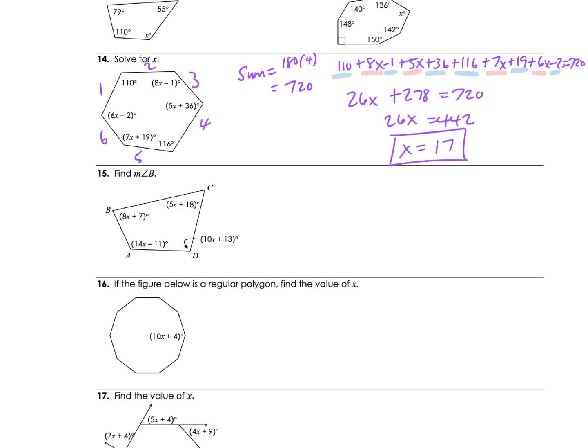The only other way I could do this is if I named my polygon A, B, C, D, E, F, G, whatever, and said find a specific angle. It's about as hard as it gets right there. Okay?